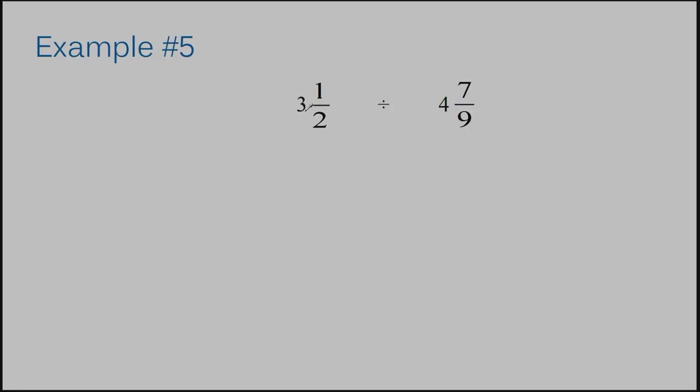Example number 5. Multiply here, add here. 2 times 3 is 6. 6 plus 1 is 7. 9 times 4 is 36. 36 plus 7 is 43.